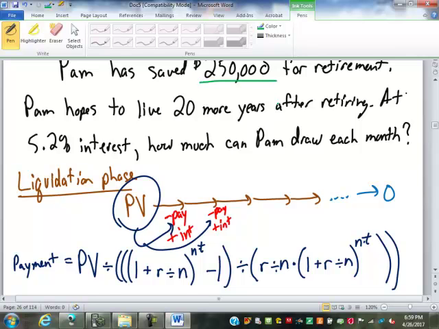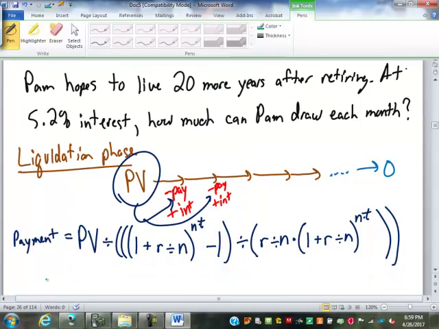So we're starting out with the $250,000, divided by 3, open parentheses, 1 plus 0.052 divided by, is this monthly or annually?